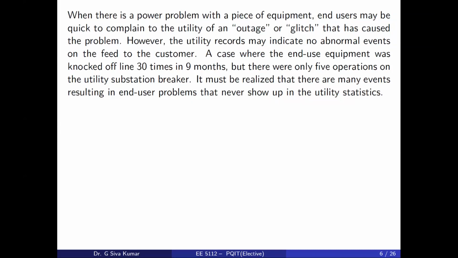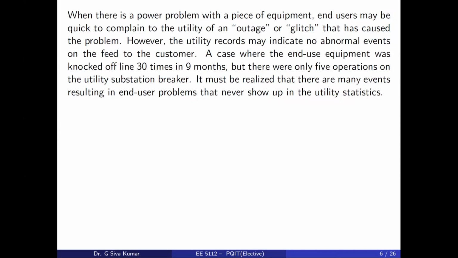It must be realized that there are many events resulting in end user problems that never show in the utility statistics. Basically, what happened was, for the end users, if there is an outage or the equipment is not performing, it's almost 30 times in 9 months.